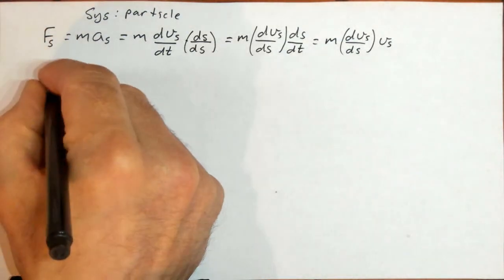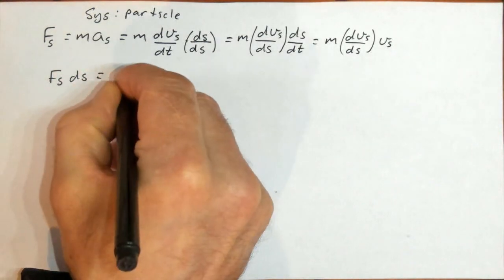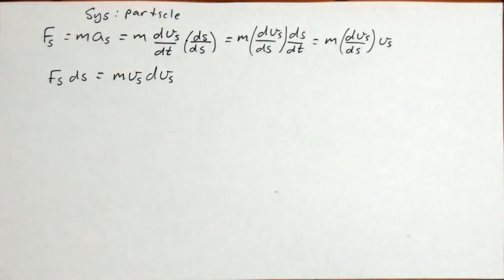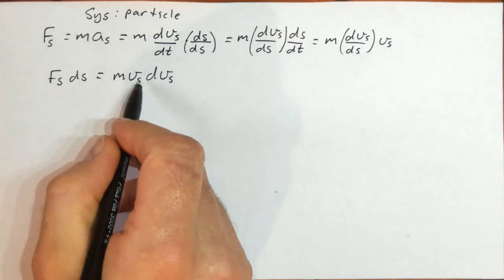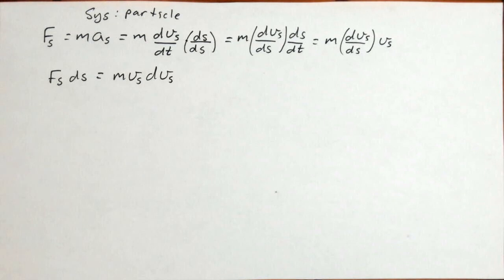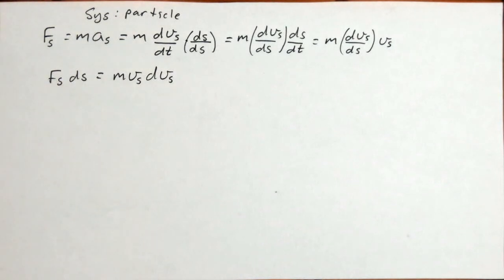So I have F_s ds equals m v_s dv_s. This is mass times the velocity times a small change in velocity. This is all about velocities, and this is about positions and the force, and I can see how they're related.